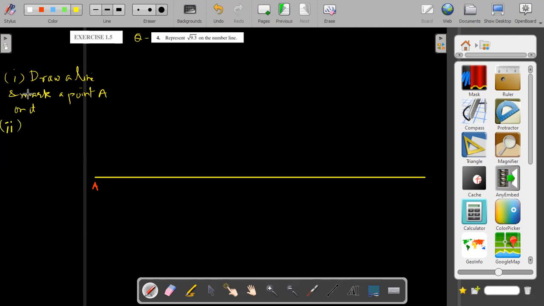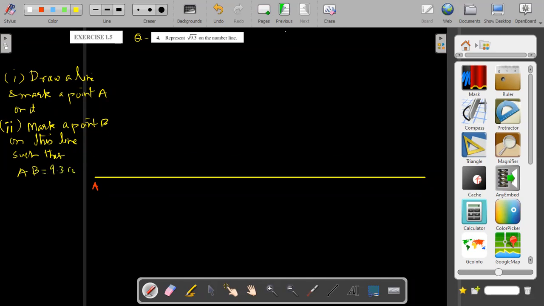Second step: mark a point B on this line such that AB is equal to 9.3 centimeters.